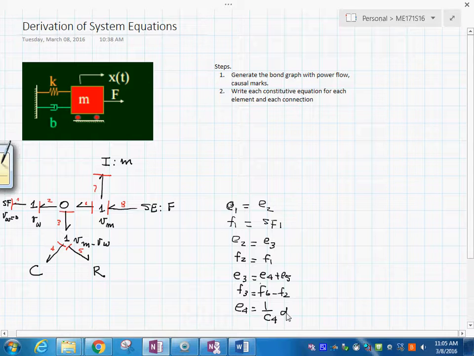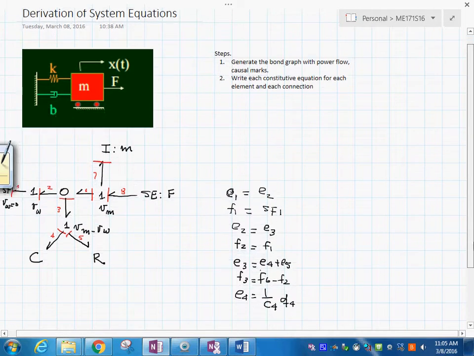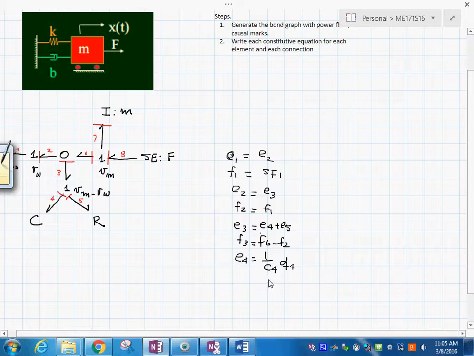F4 is caused by F3. But also dq sub 4 dt is equal to F sub 4. So that is the first differential equation coming out of the C element in integral form.